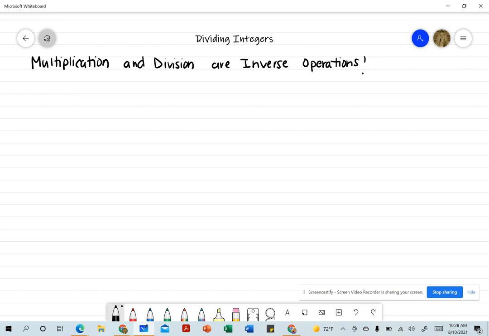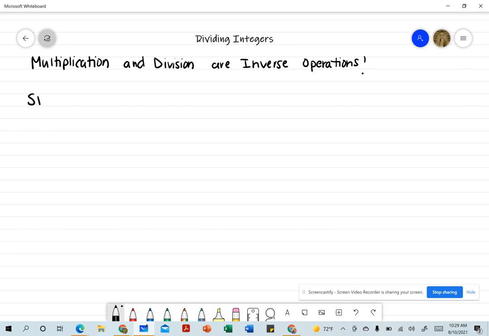Now, this became important in addition and subtraction because what happened is we just rewrote subtraction as addition and used the same rules. Well, very similarly, division expressions can be rewritten into multiplications and we can use the same rules. But what's even more fabulous about division is you don't have to rewrite it as a multiplication. You can just know that the rules are the same.